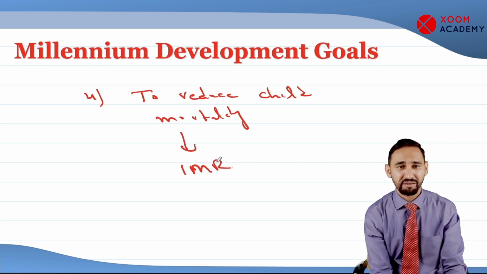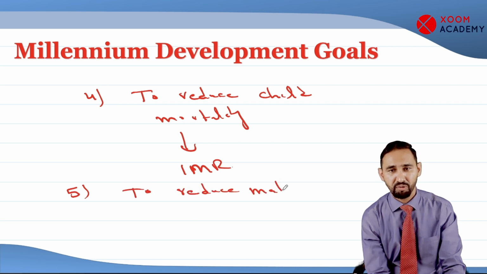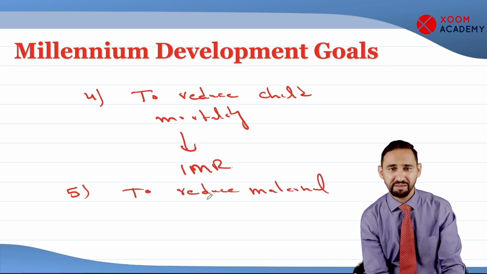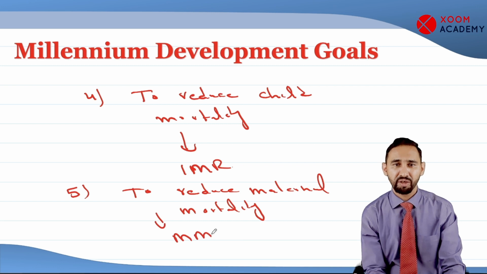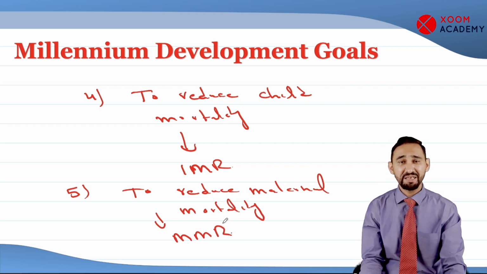And other goal was to reduce maternal mortality. Maternal mortality is linked with child mortality. And the indicator was maternal mortality rate. If we are able to reduce maternal mortality, we can reduce child mortality. Healthy mothers will provide healthy children.